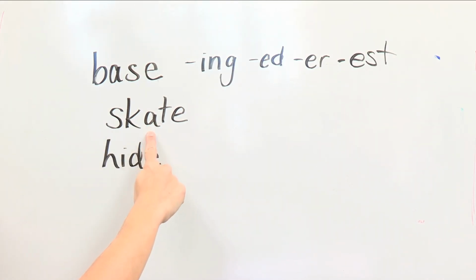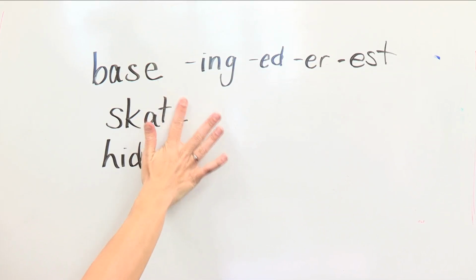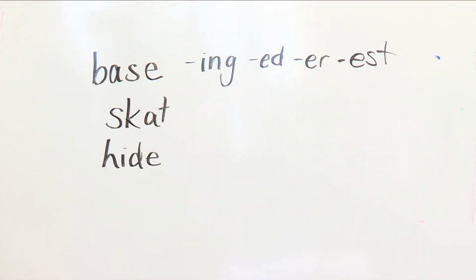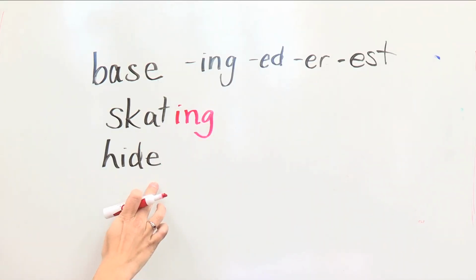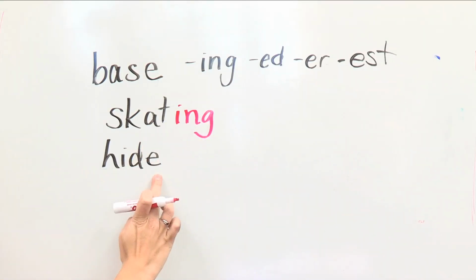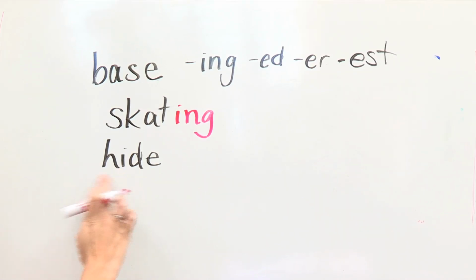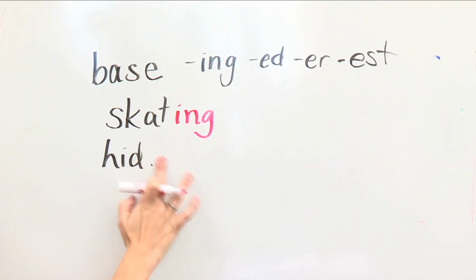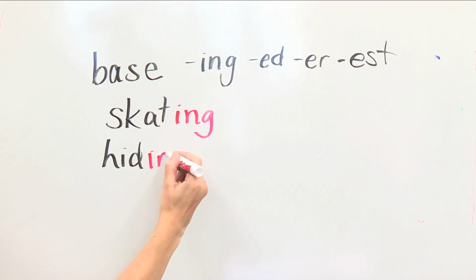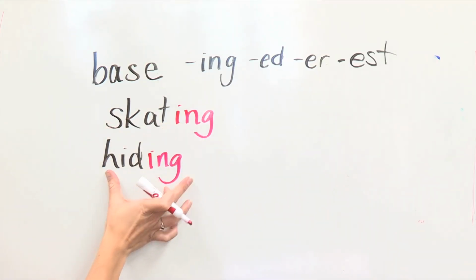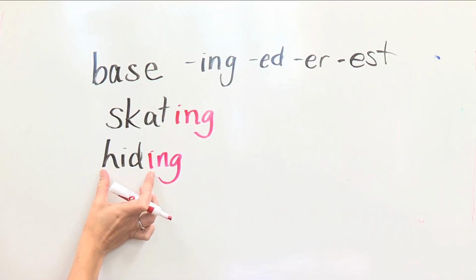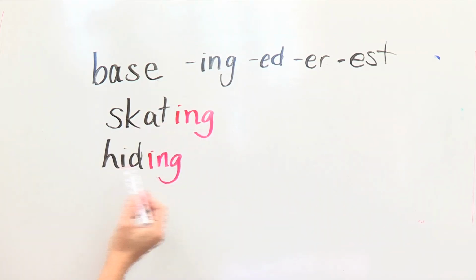It's when it's a long vowel, silent e, then you drop the e and you add ing. So hide. Yes, it ends in silent e, but it's a long vowel i, hide, silent e, then you drop the e and you add ing. So what is the base word? The base word is skate. What's the base word? Not hid, hide. So be careful. So skating, hiding. Okay. The same thing with ed.